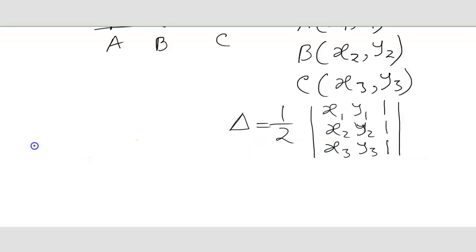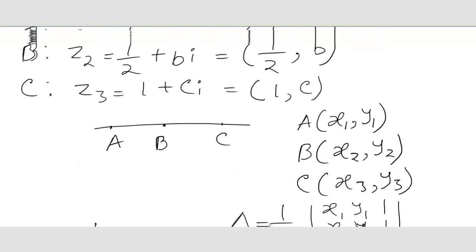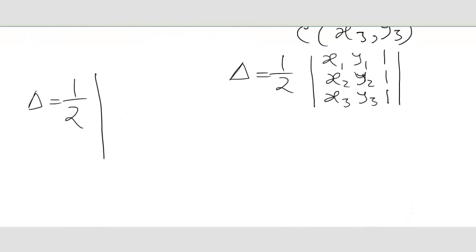It will become something like half, our first point 0 comma a, then half comma b, and then 1 comma c.